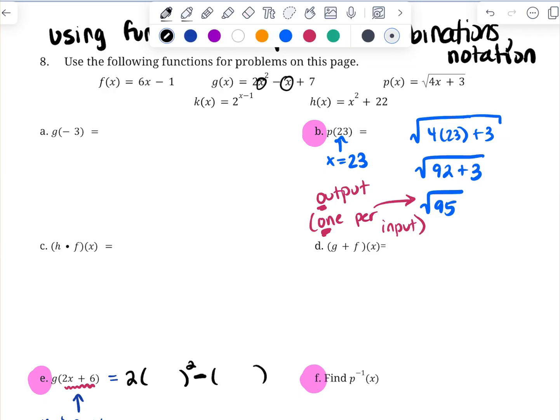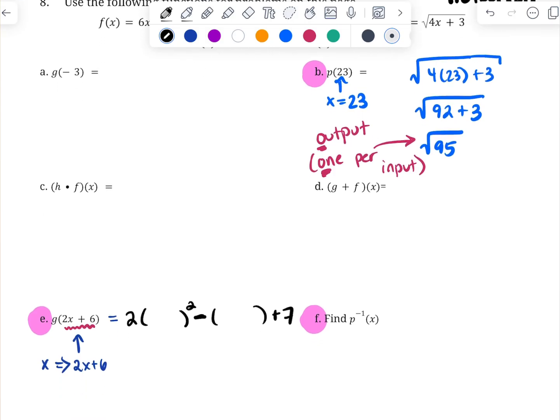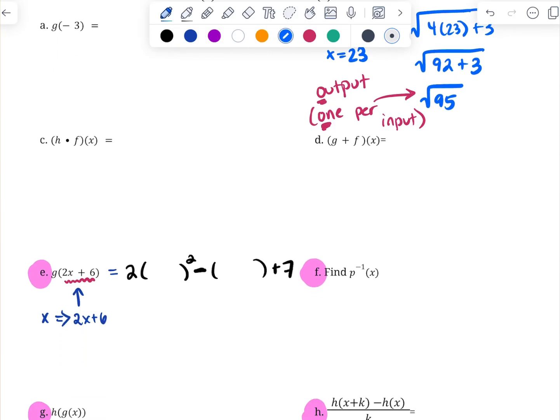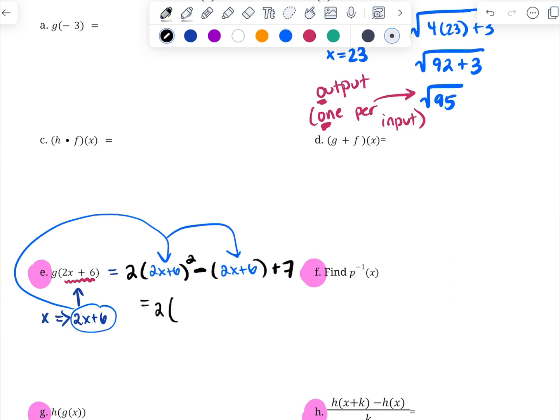Plus 7. Okay, so what's happening is we are dropping this expression into those parentheses, okay? So 2x plus 6, 2x plus 6. And then just a whole bunch of algebra. We do 2, and then 2x plus 6 times 2x plus 6. There are two of those quantities.